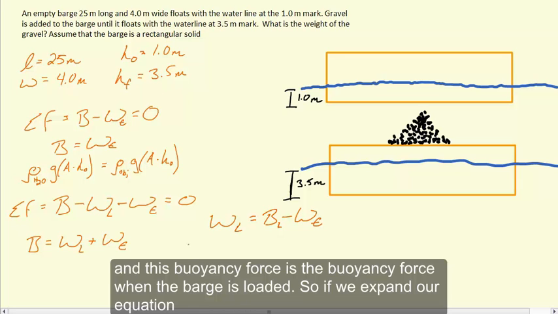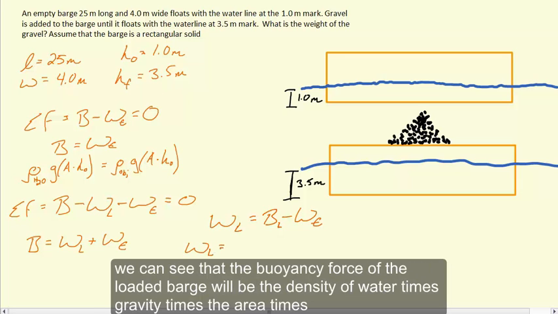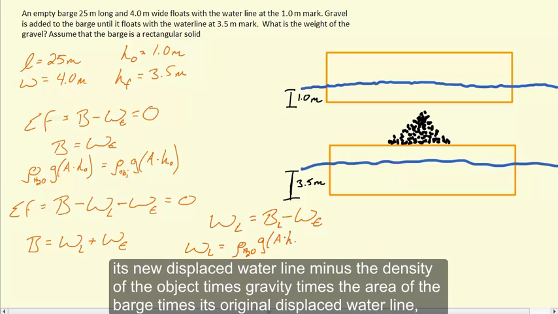So if we expand our equation, we see that the buoyancy force of the loaded barge will be the density of water times gravity times the area times its new displaced water line minus the density of the object times gravity times the area of the barge times its original displaced water line.